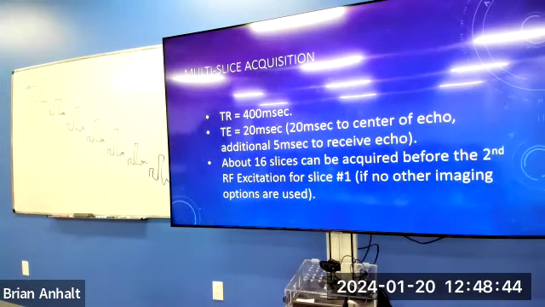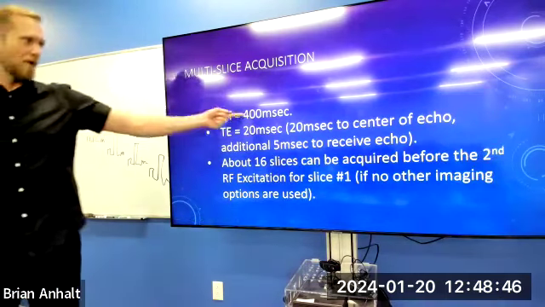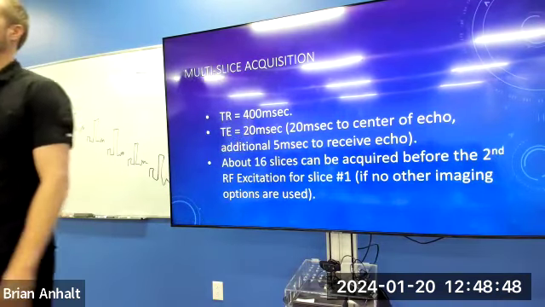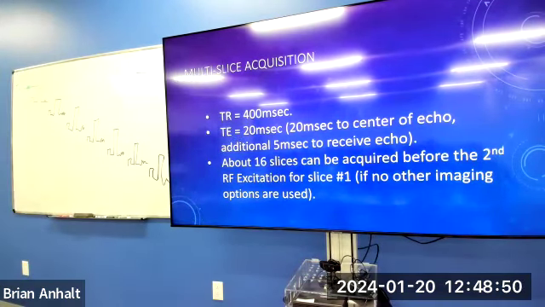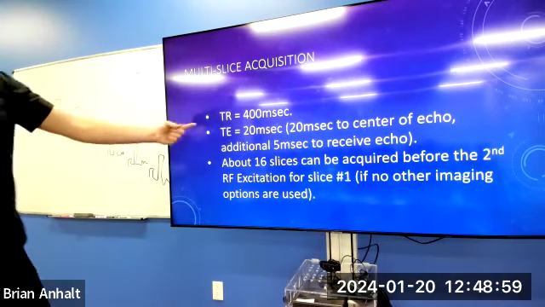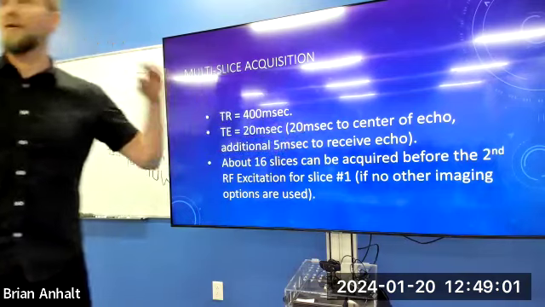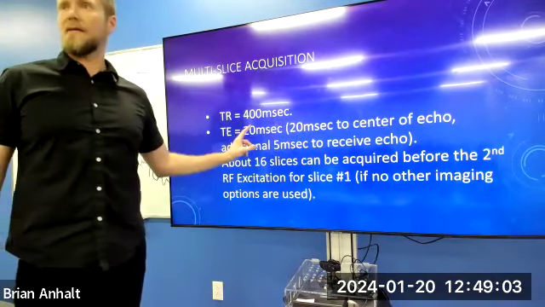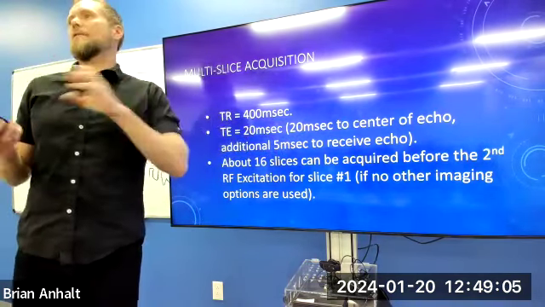And then here's some actual numbers on it if you want to see. TR 400 milliseconds, TE of 20. What kind of image contrast are we getting? T1, right? T1 contrast right there. Additional 5 milliseconds to receive the echo, because remember, the center of the echo is going to be at 20 milliseconds. We have to listen to data for a certain amount of time.